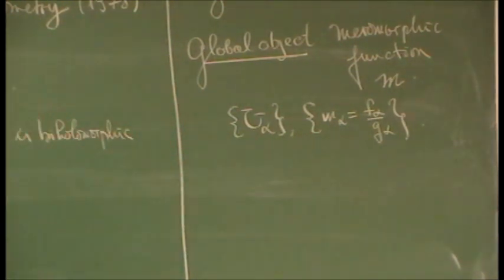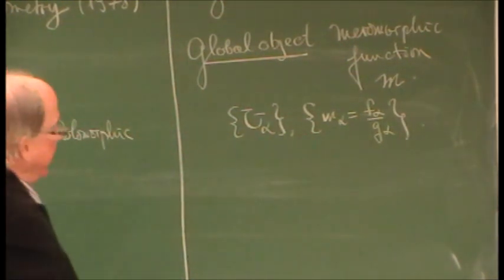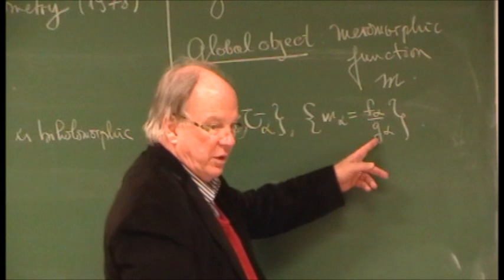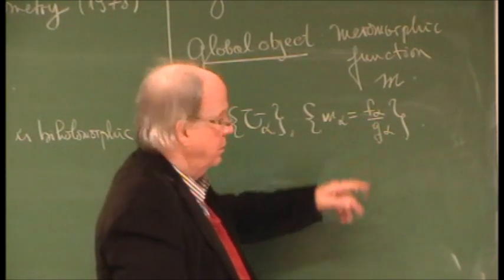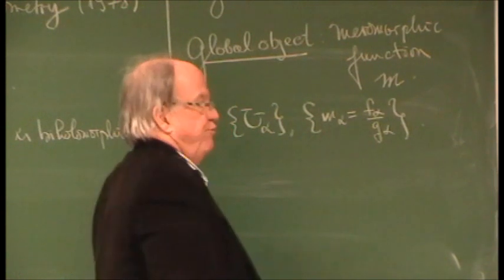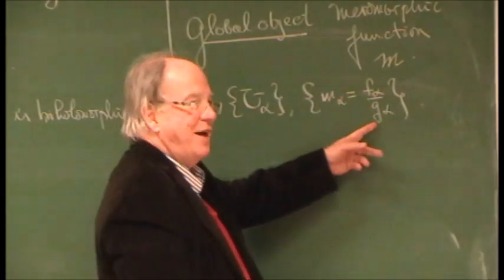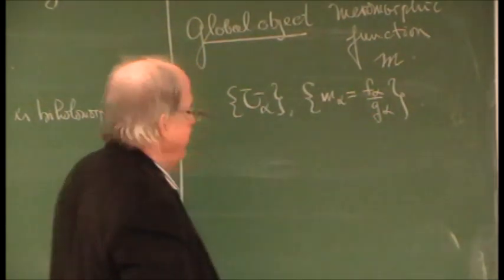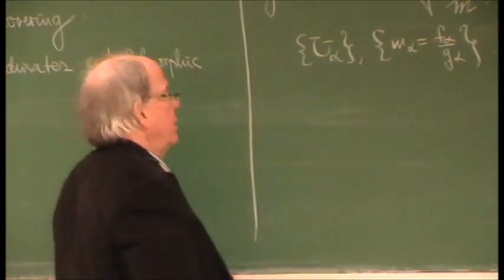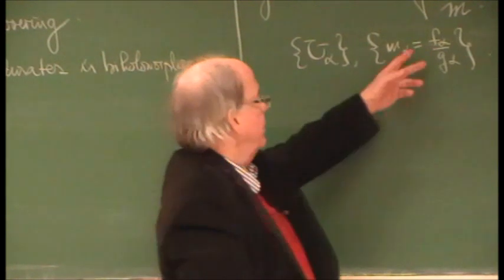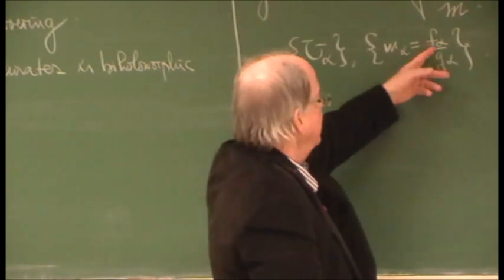each chart. And of course, whenever possible, I want to assume these things are locally, they have no common factors, relatively prime divisors. And you usually can attain that. So some reasonable, relatively prime condition on these functions.